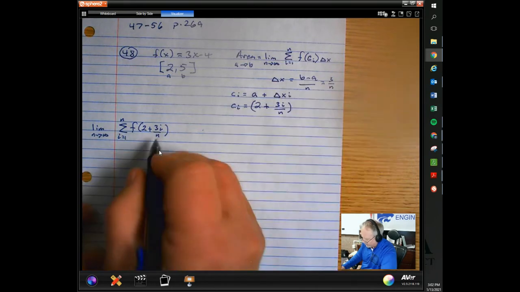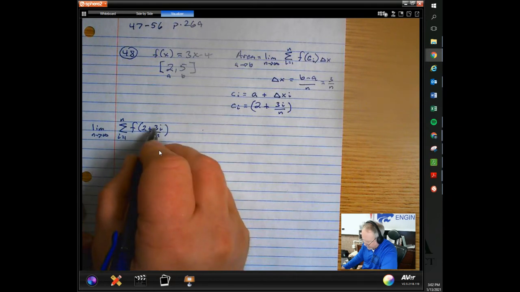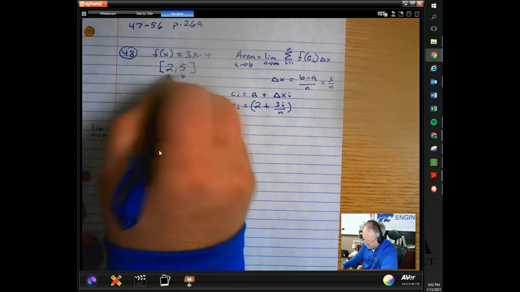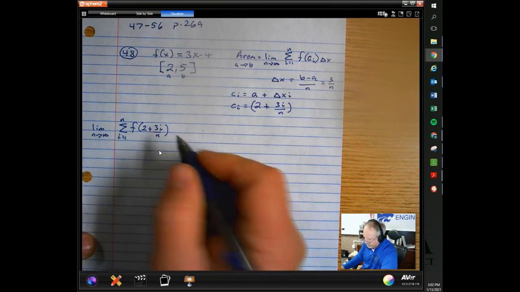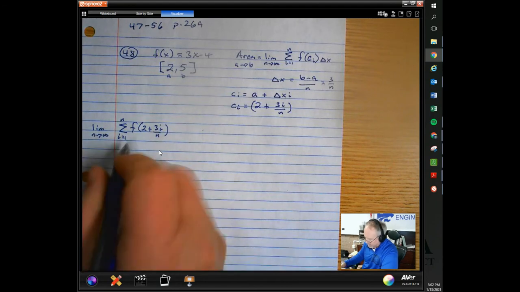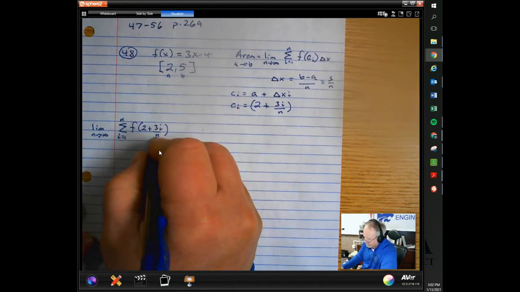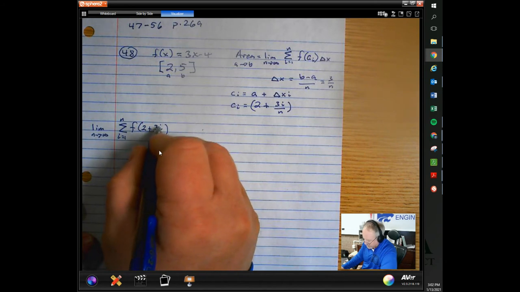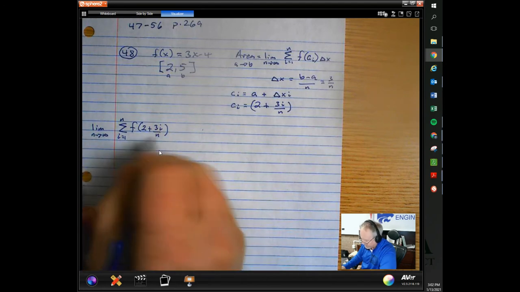And so the first time through, it's just going to be how many times we've split this length of 3, how many pieces we've split it in, times 1. And then the second time through, it would be just 2 of those. So let's say we split it into 100 pieces, it would be 3 hundredths. If we split it the next time through, it would be 6 hundredths, etc. So that's kind of how we use this.